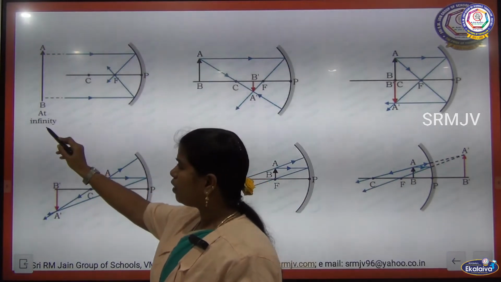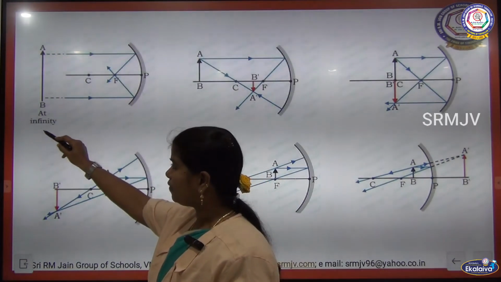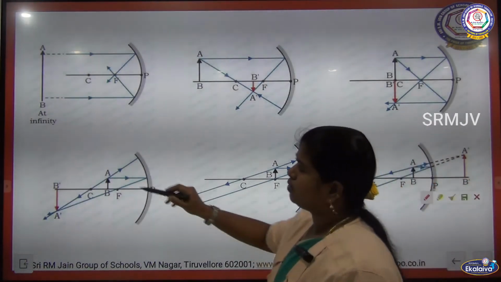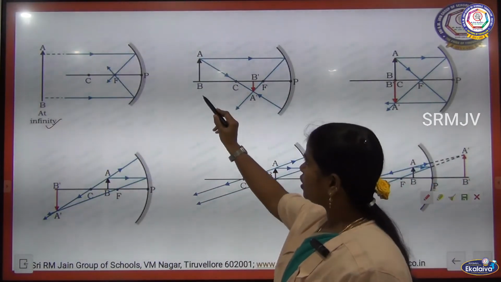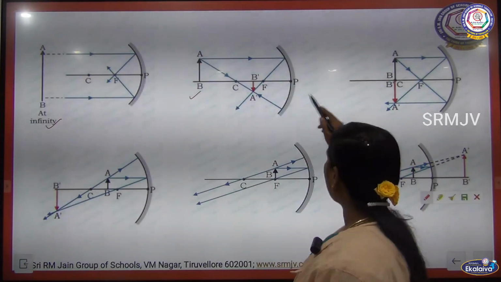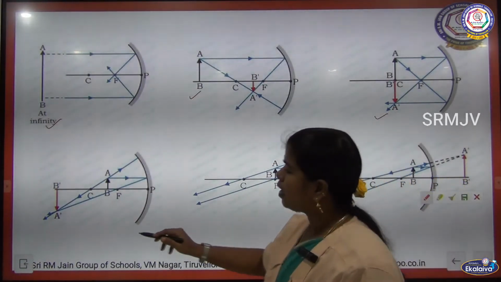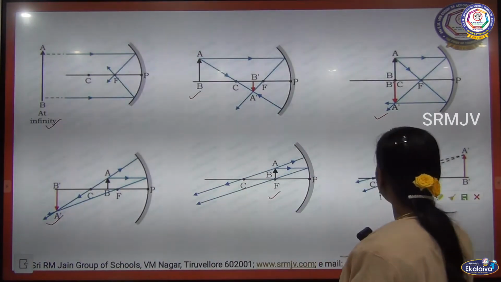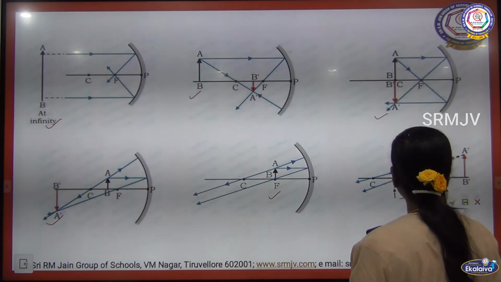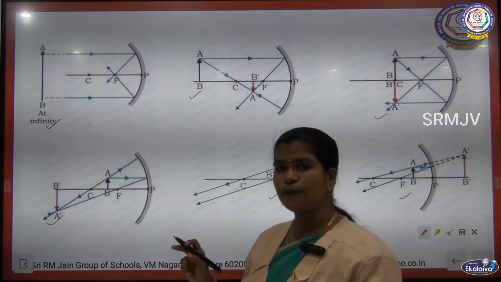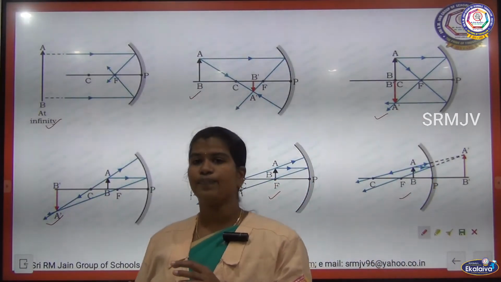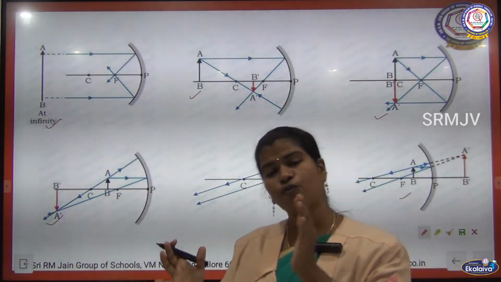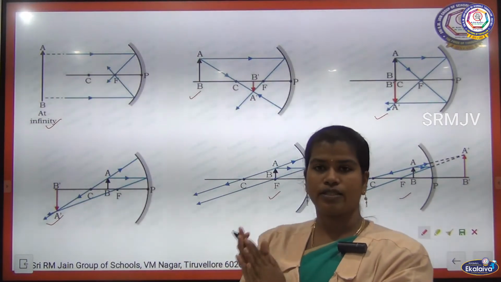If you see, the object is at infinity, and then it came to beyond C, and then here it is at C, and then between C and F, and at F, and between F and P. Only these 6 are the positions of the object. So the object will move forward towards the mirror.